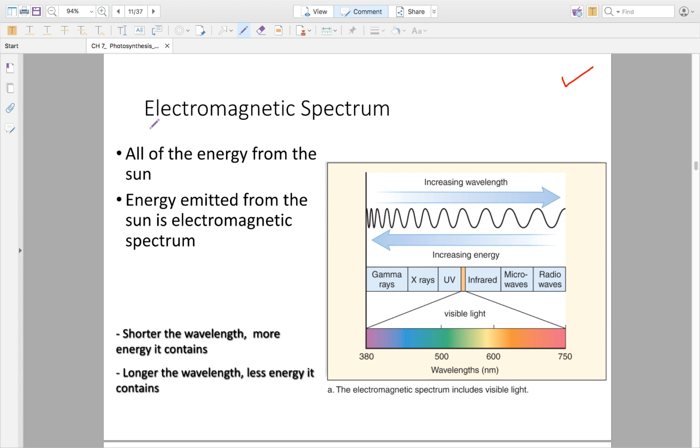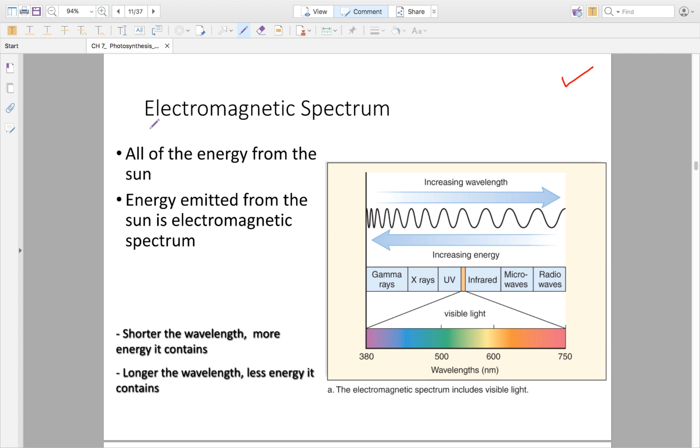Okay, so before we jump into photosynthesis and all of the steps, we have to understand what we're talking about, what photosynthesis is, what solar energy is. Now, we know that all energy comes from the sun.